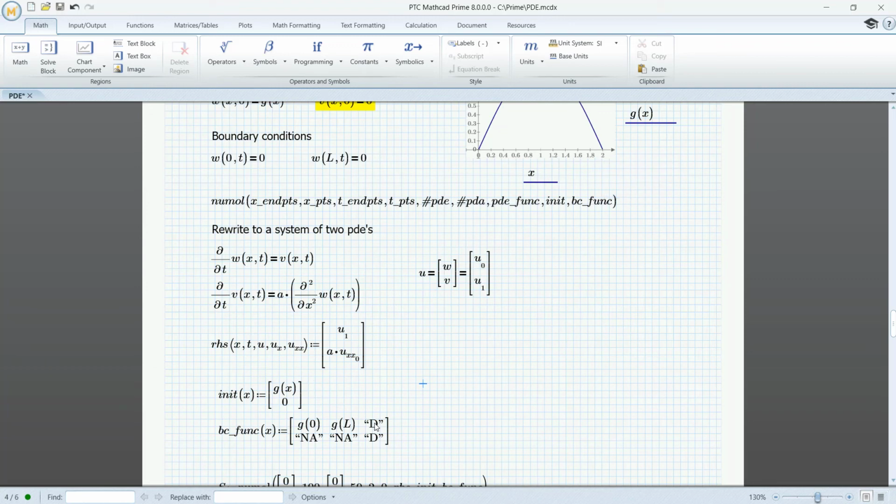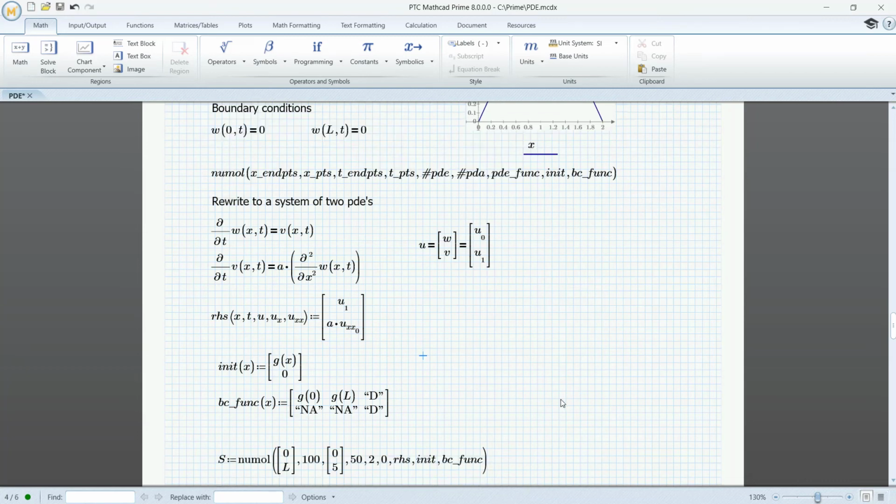The Dirichlet condition for the v function. We have no boundary conditions, so NA here means not available, and the D, as before, refers to the Dirichlet condition. Everything is ready for the numol function.